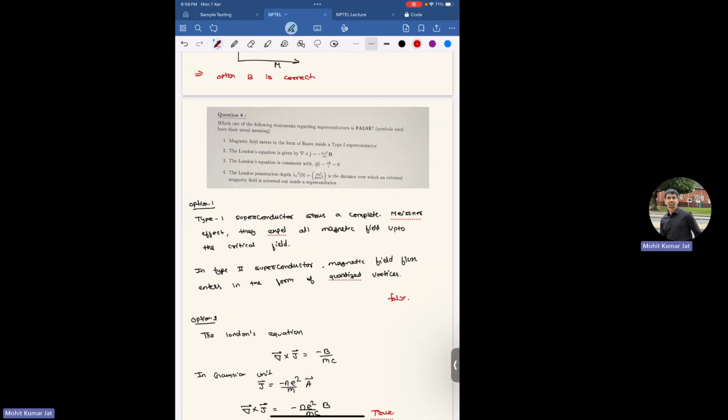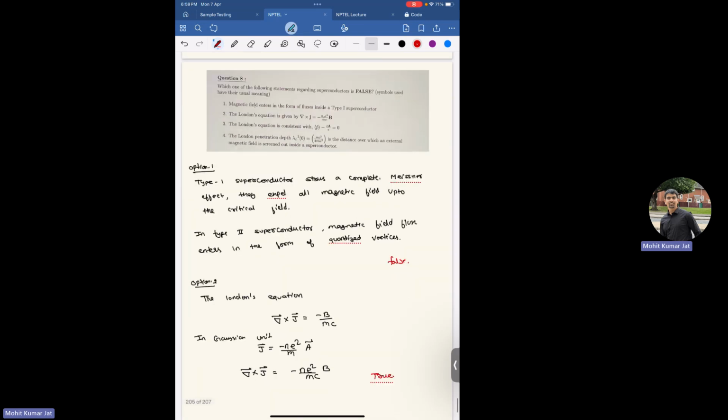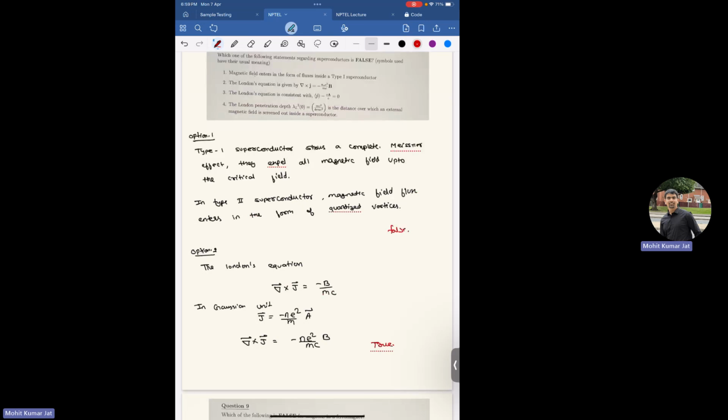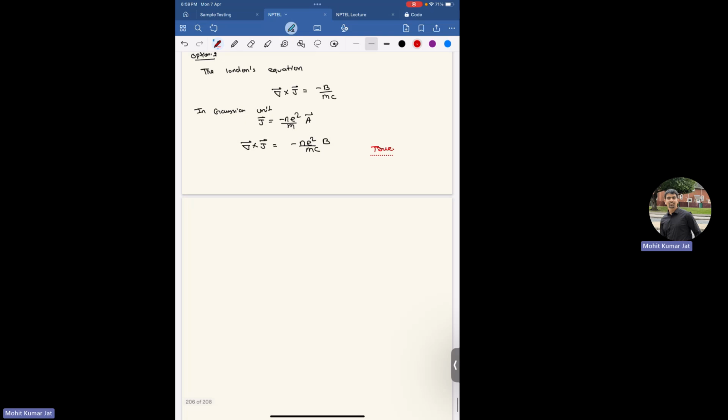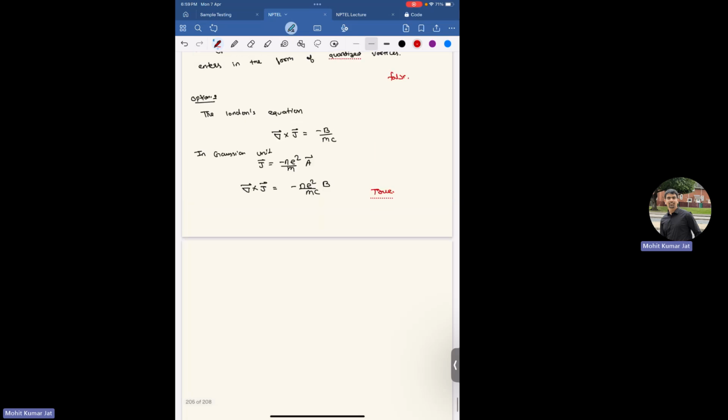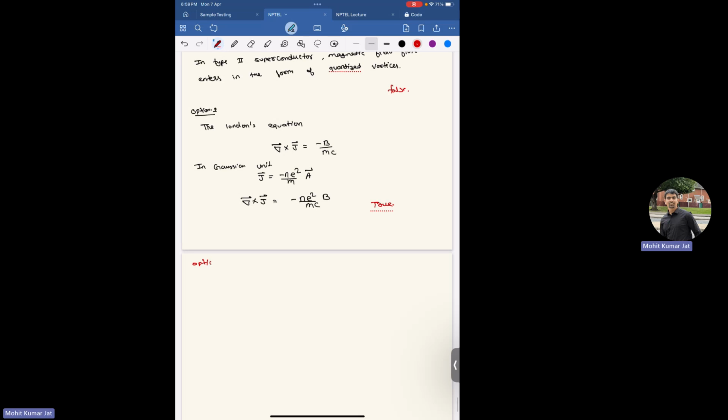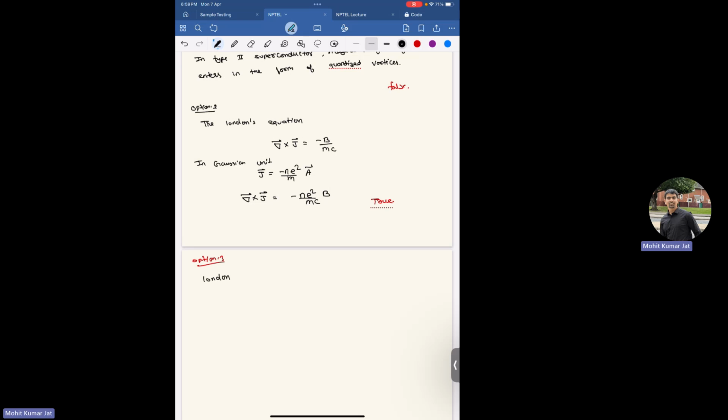Option 3: the London equation is consistent with p minus eA by c equals 0. Yes, this is true because the condition reflects that the canonical momentum, which is p of the Cooper pair, cancels the electromagnetic potential eA by c, which leads to the London equation.